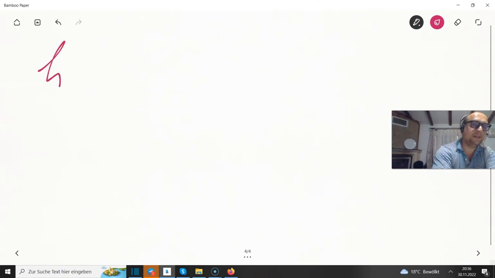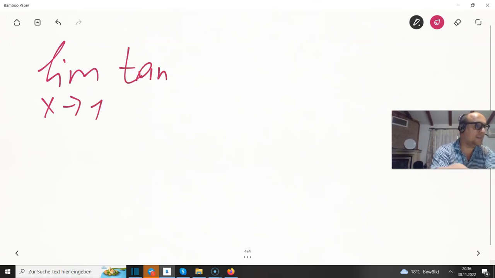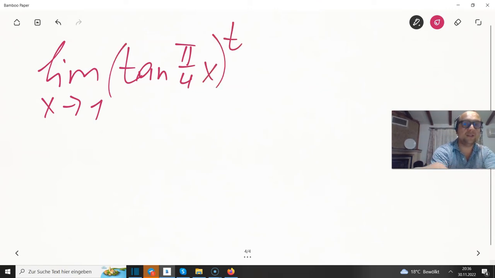So it's going to be a limit x towards 1 of tangent pi divided by 4x to the power of tangent pi divided by 4x again. Well, that's nice. Let's see what's happening.